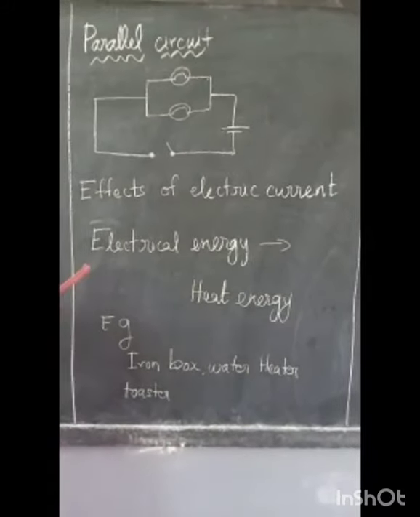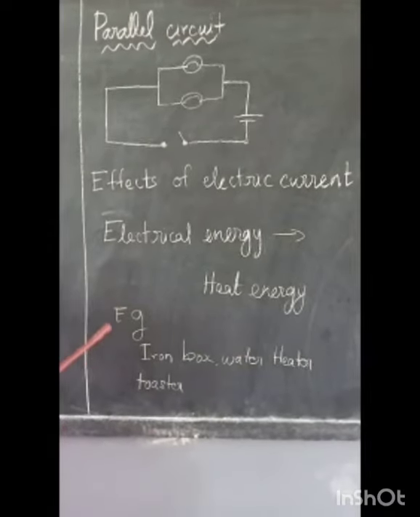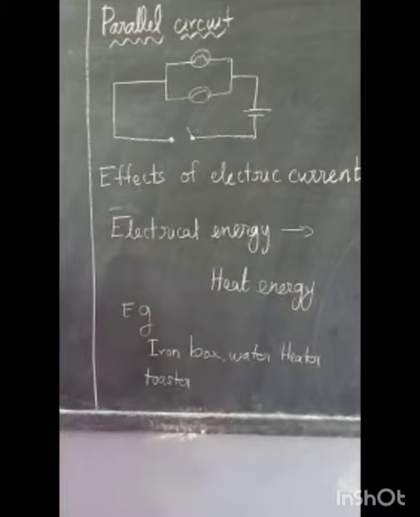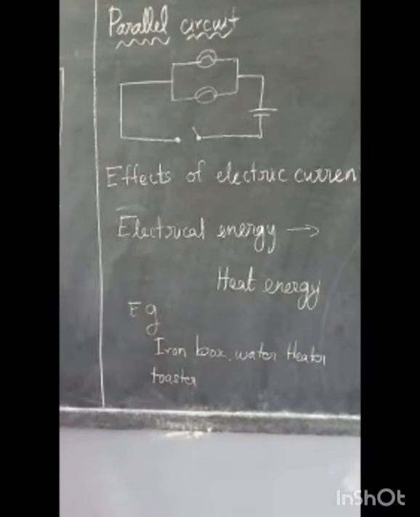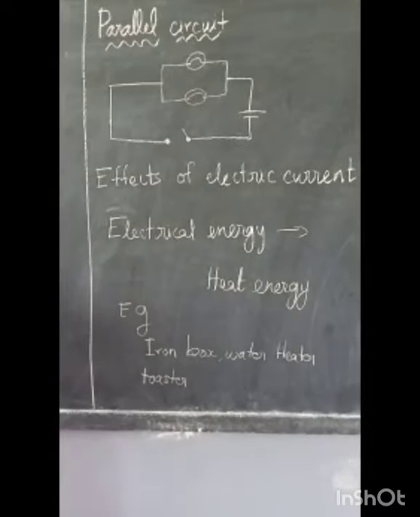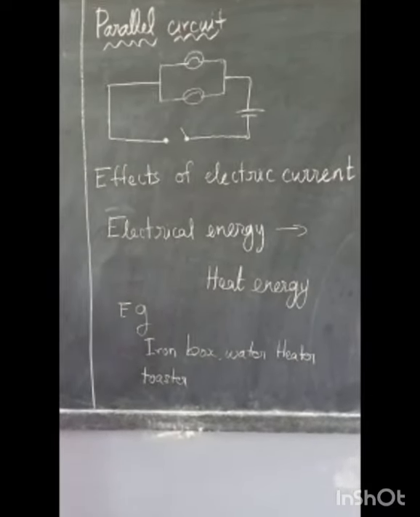Next topic, students, effects of electric current. This is where electrical energy is converted into heat energy. When does it happen? When the current is passed through a resistor, definitely heat is produced because the resistance is opposing the movement of electrons.